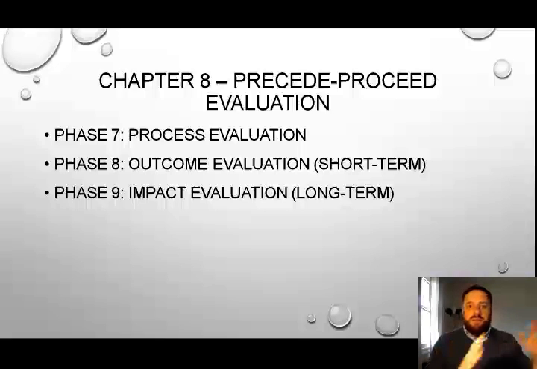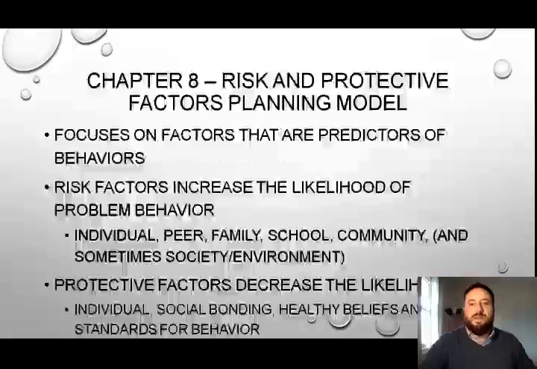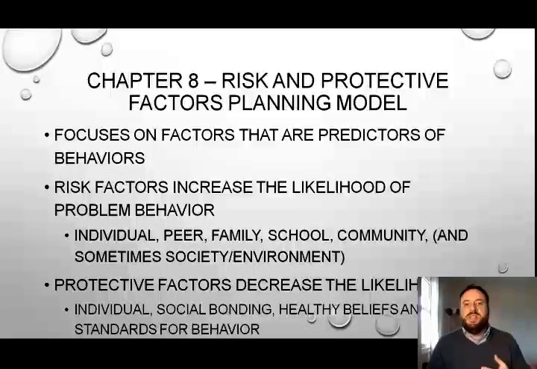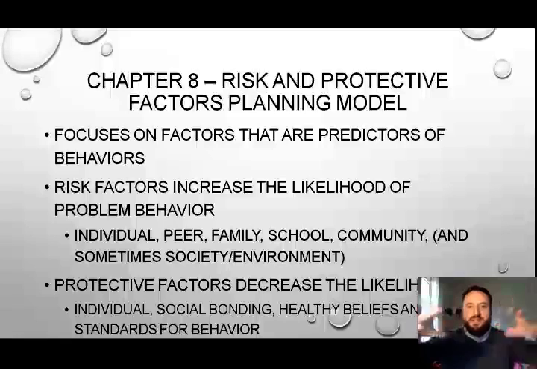Again, 5 stages of assessment, your implementation, and 3 stages of evaluation: how you did it, short-term and long-term. Now, the other model that was talked about in the back of the chapter, the risk and protective factors planning model. Again, this looks at underlying predictors of behavior. It looks at it at different levels, very similar to the ecological model: individual, peer, family, school, community, and sometimes even bigger.